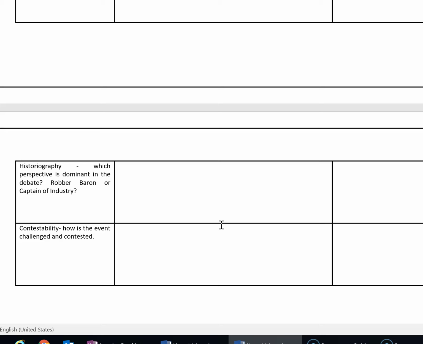There's quite a few. And in this particular debate, it's categorized as you're either pretty much for them, which means they were fantastic captains of industry, or you were very negative towards them. Which one do you feel is dominant? And that's actually okay as a research question. Quite happy for you guys to take that.